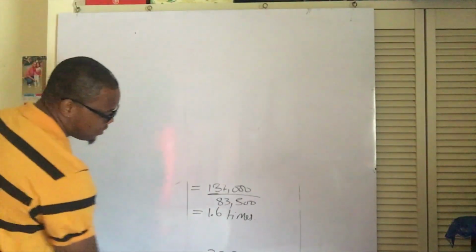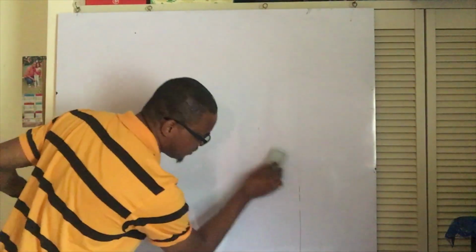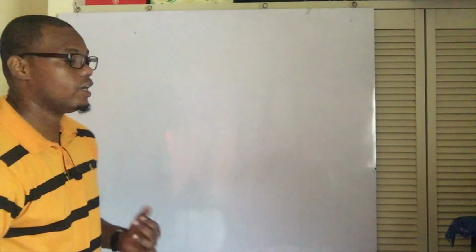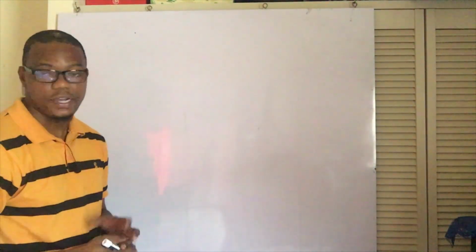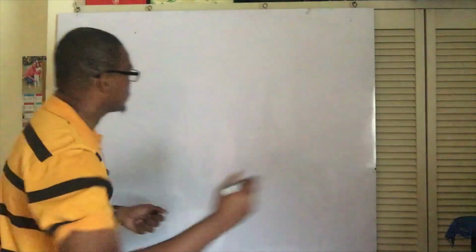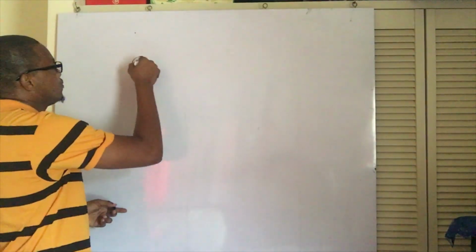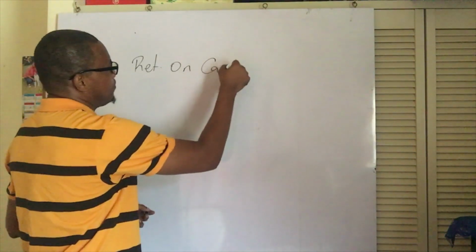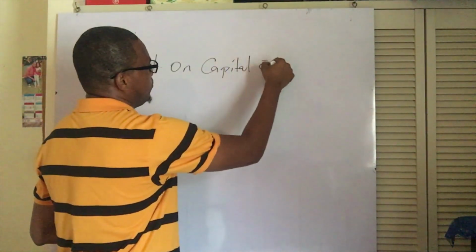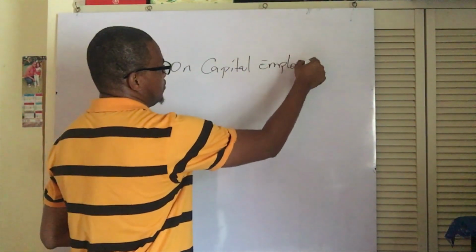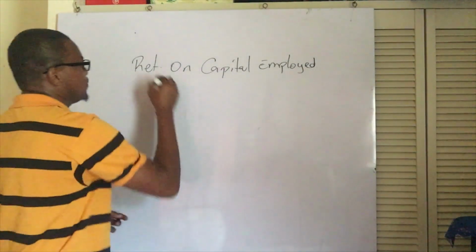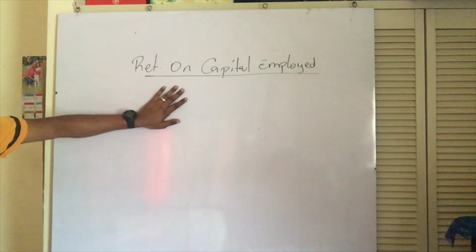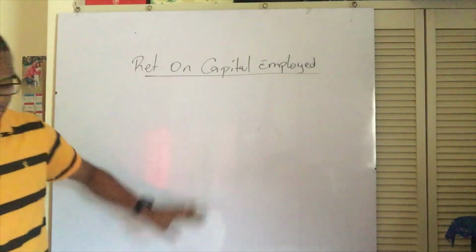And there are other ratios that you need to learn, right? Like the return on capital employed ratio, for the profitability ratio. That's an important ratio that you need to learn. So check it out. Return on capital employed, very important ratio that you need to learn, right?